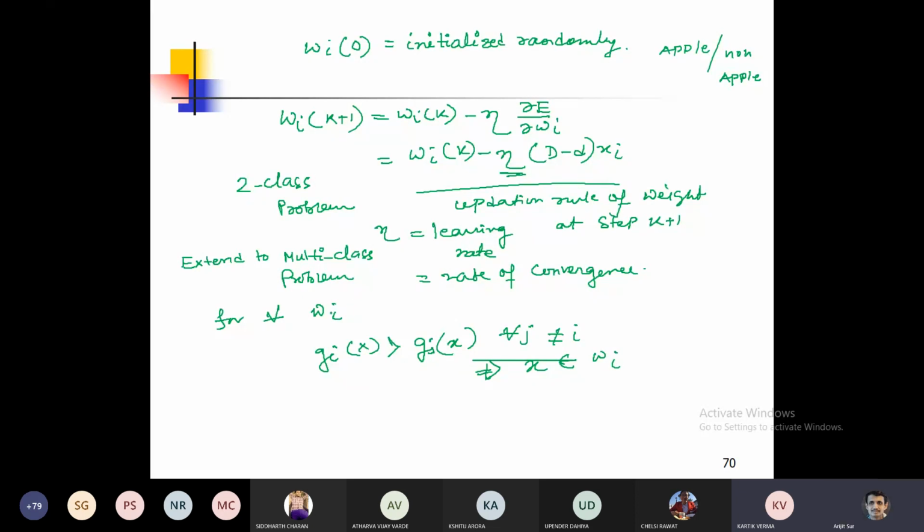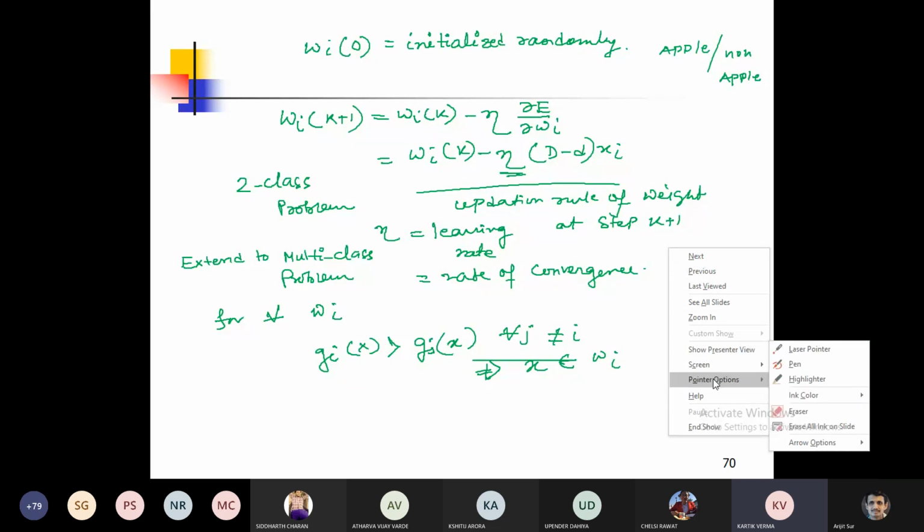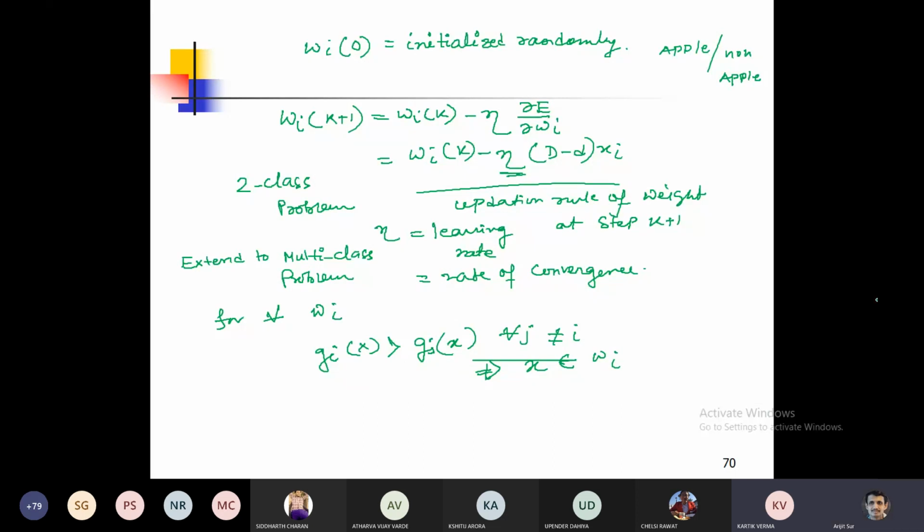Now for the multi-class problem, for all these wi's, this g of x for all j not equal to y, those x is greater than all of the other classes, that is basically that x belongs to that y.